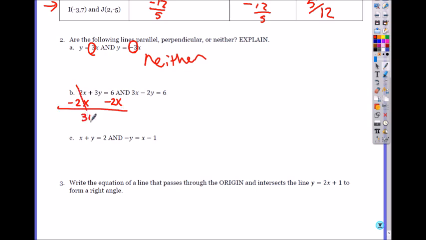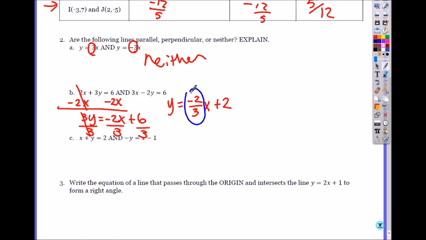So I get 3y equals negative 2x plus 6. And then you divide by 3, 3, and 3. So you get y equals negative 2/3 x plus 2. So what's the slope? Negative 2/3 is the slope of the first line.